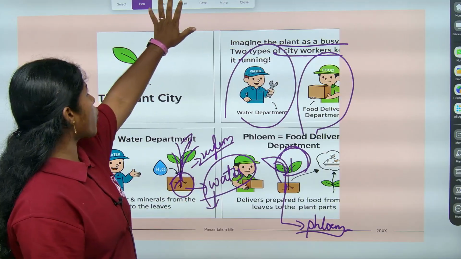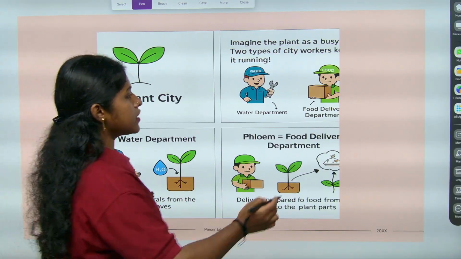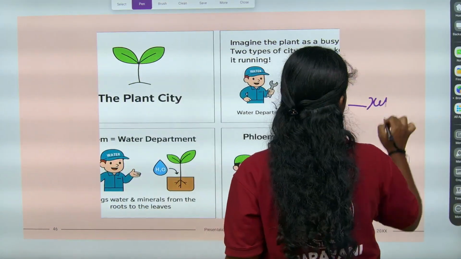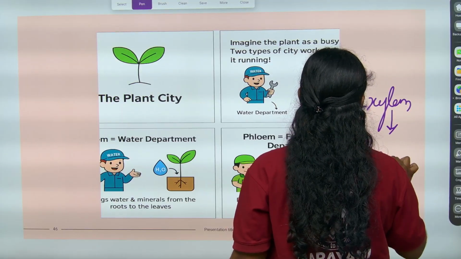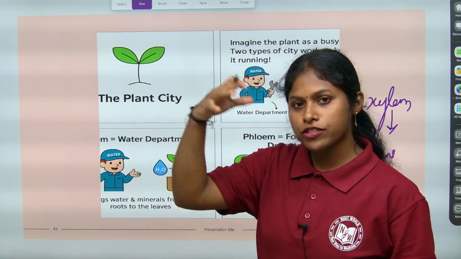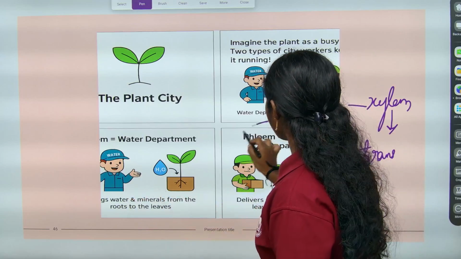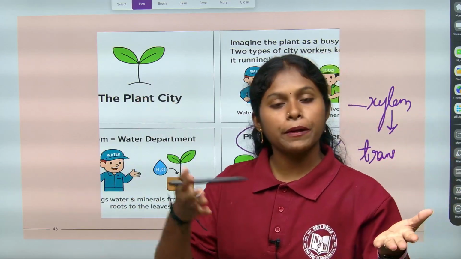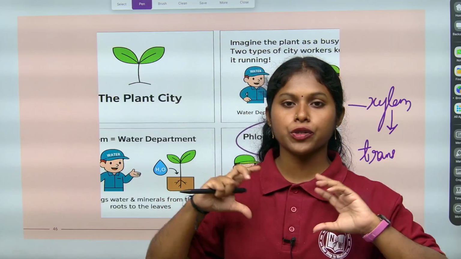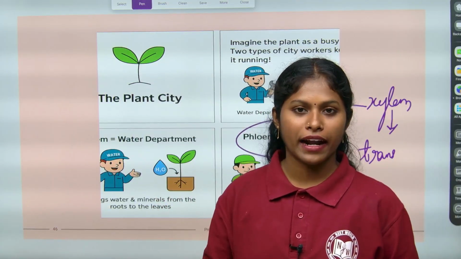So, did you get my point, children? Here the xylem is the tissue which transports the water from the roots to all parts of the plant, right. The phloem is the tissue which distributes whatever food is prepared in the leaves to all parts of the plant, right children.